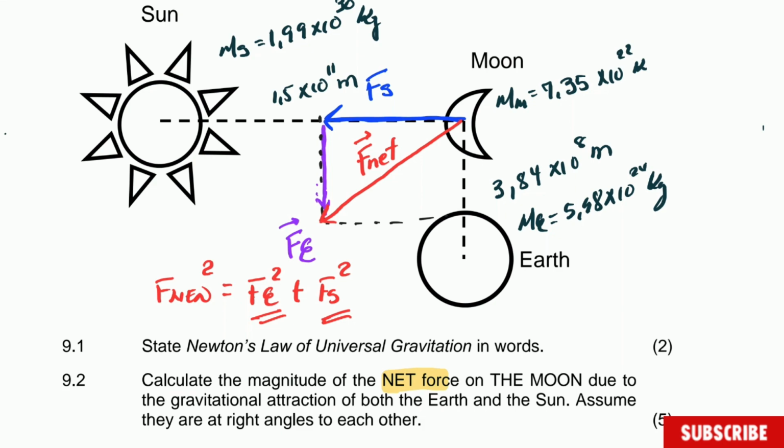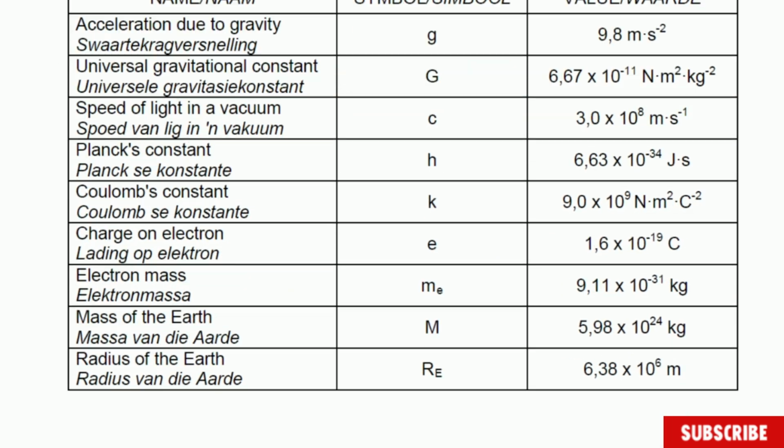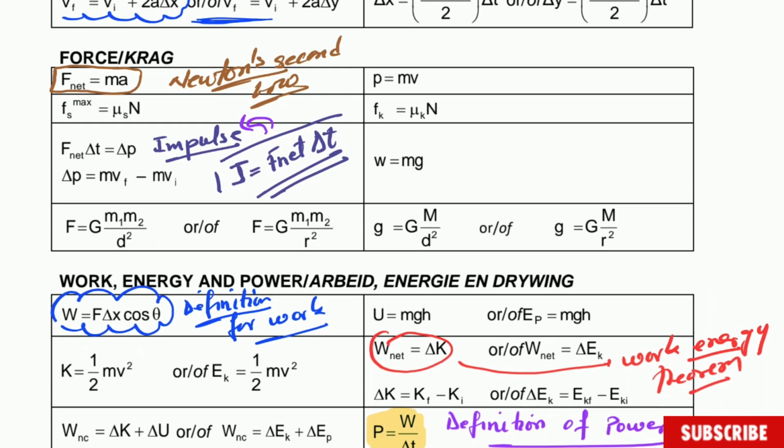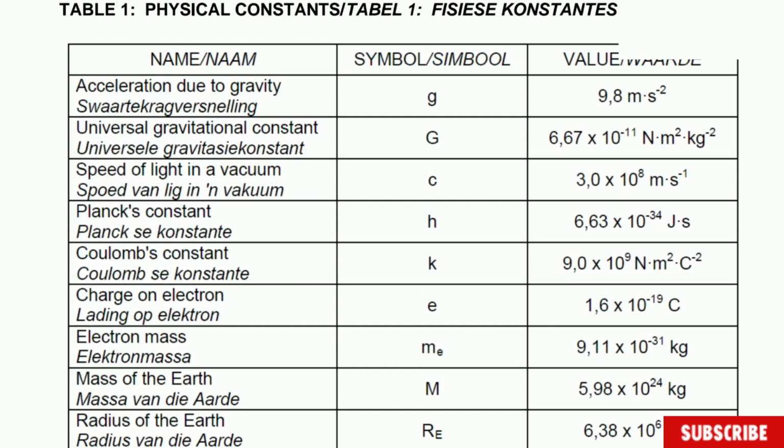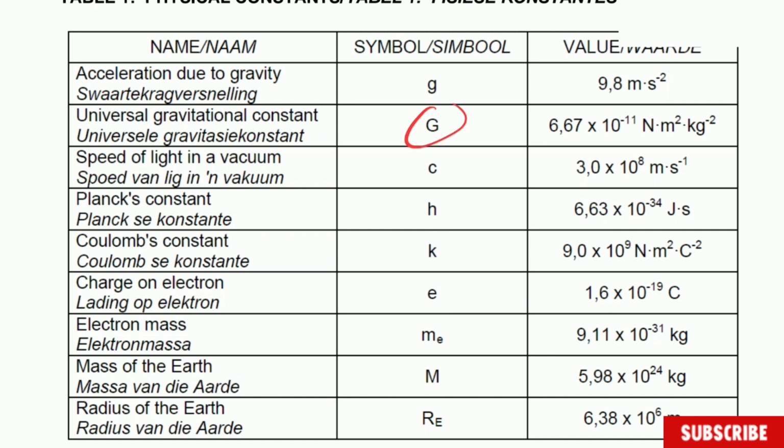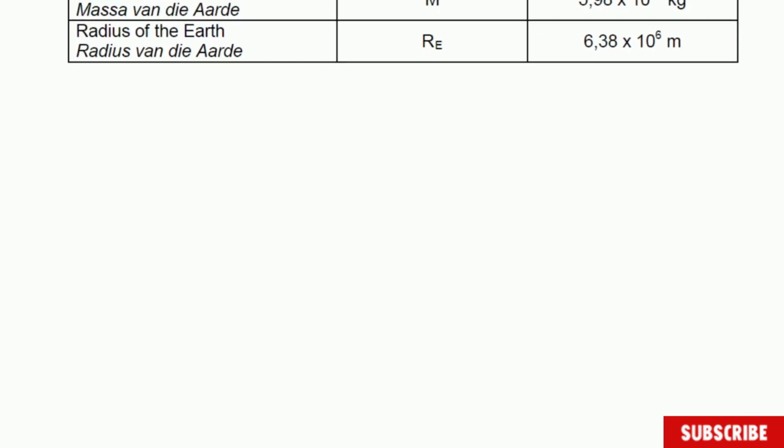Now those are very easy to calculate. All we have to do is to use the gravitational law formula, which is right here. That is the law of universal gravitation, and the capital G is a constant and is going to be in this table of constants, as you can see there. So everything is given. All we're going to do now is to substitute.